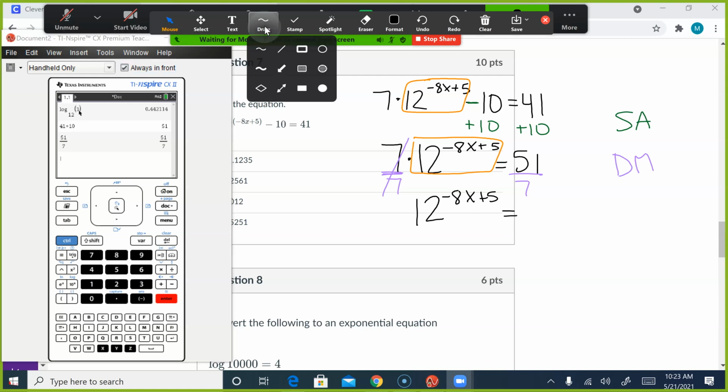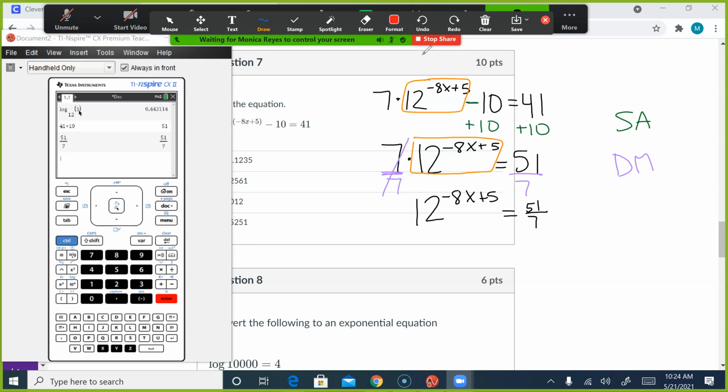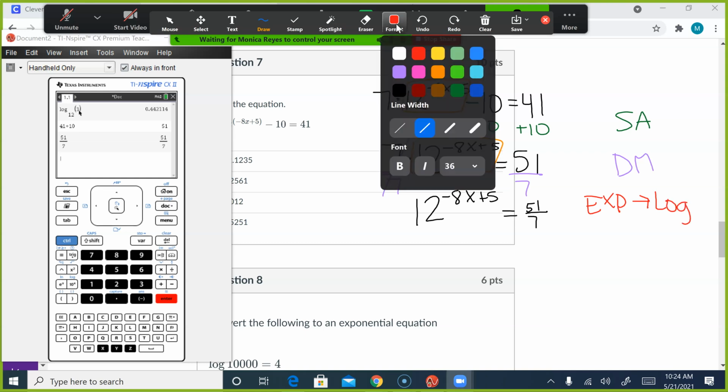So if you want it as a decimal, you can write it as a decimal, but I don't want to write a bunch of decimals yet. So I'm going to leave it as that. And then now, since the base and the exponent is by itself, now we can change the exponent to log form. So we're going to write it as a log.